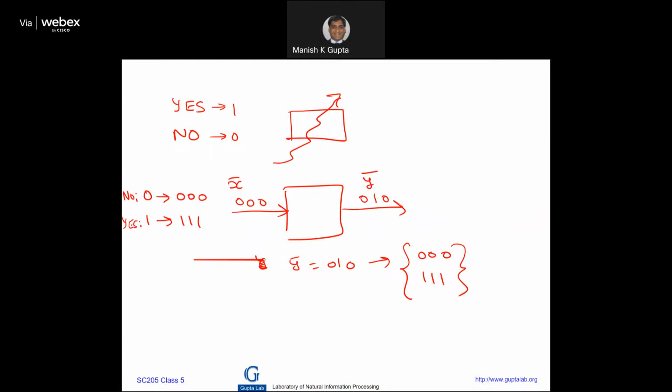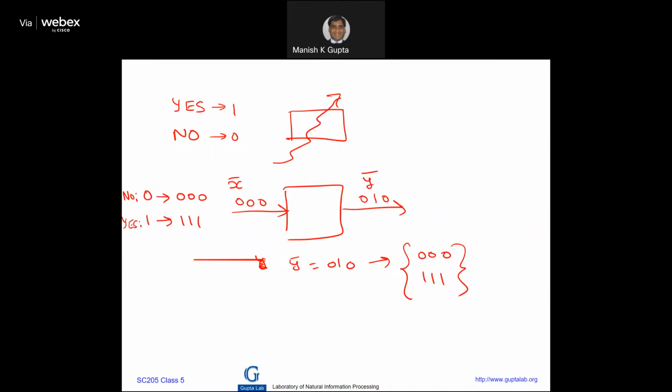If I ask this question, 0, 1, 0 is close to this or close to this? Closeness means the number of bits they differ. If I assume this simple closeness formula, the number of bits they differ is 1 here and 2 there. Most likely 0, 0, 0 was sent in that case.